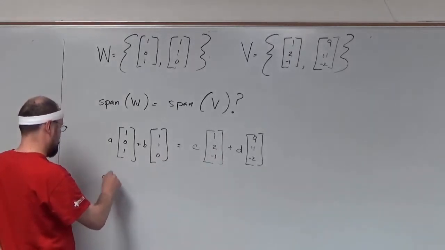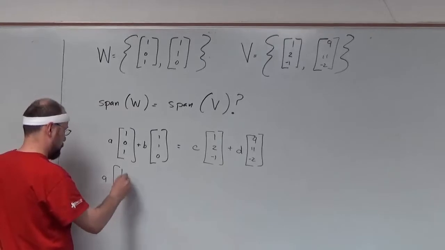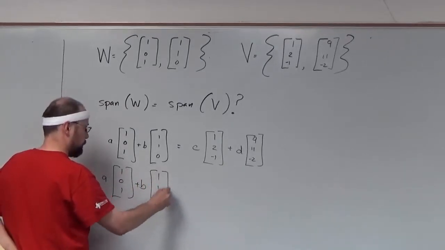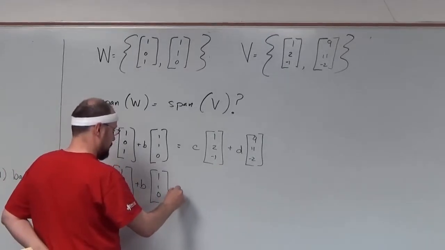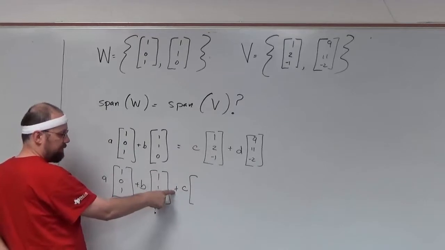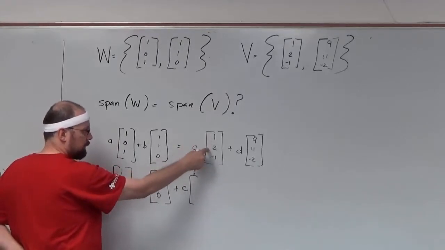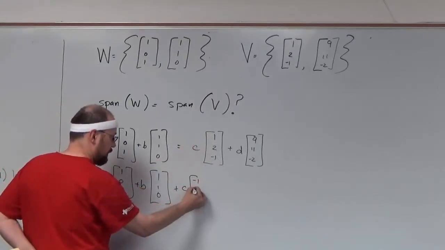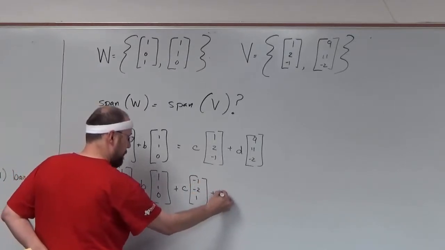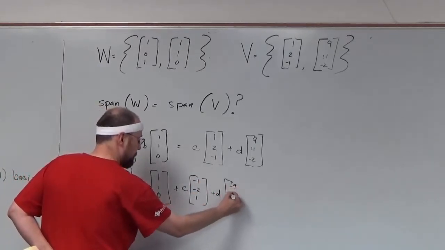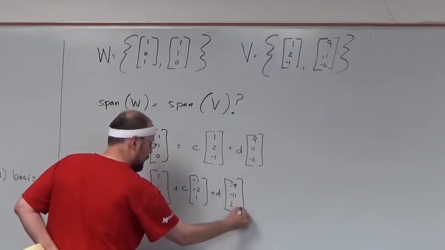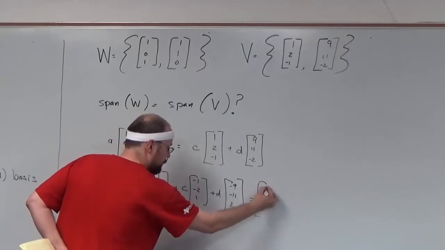We get, I'm going to, instead of writing the negative in front, distribute it through to the back vector. I'll scale the vector by -1. And on the right-hand side, I will be left with the 0 vector.